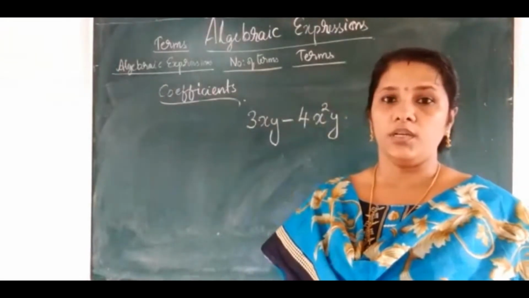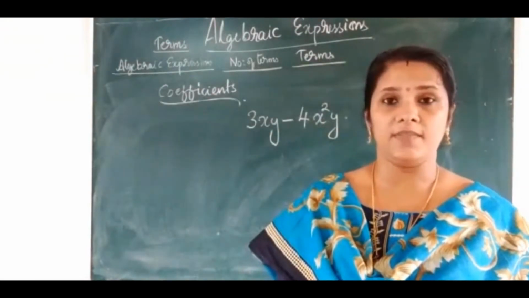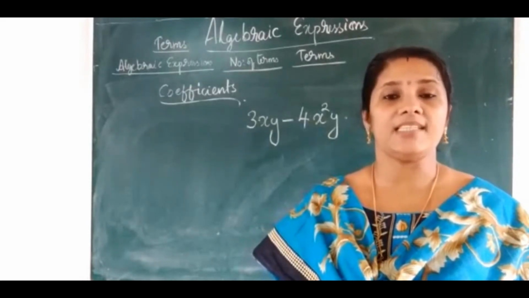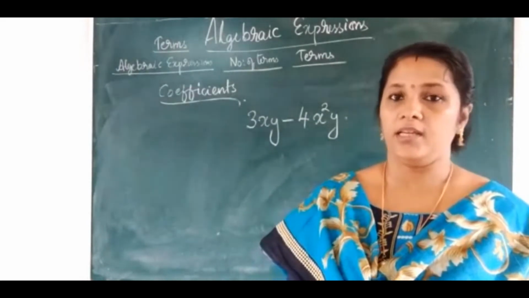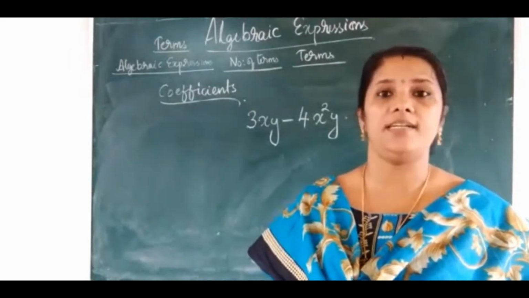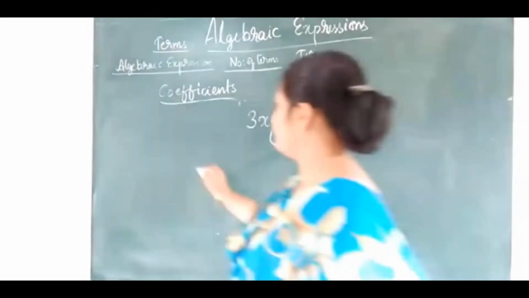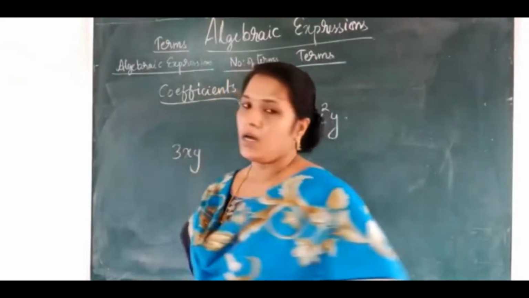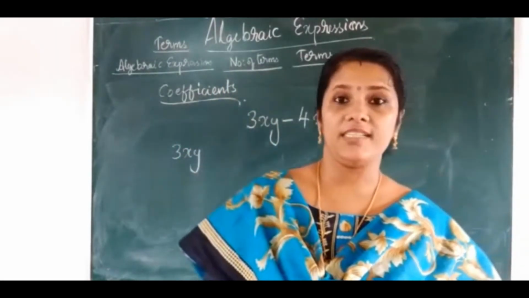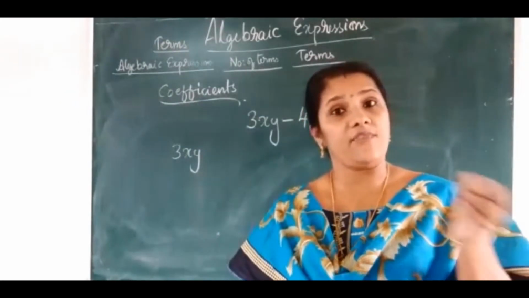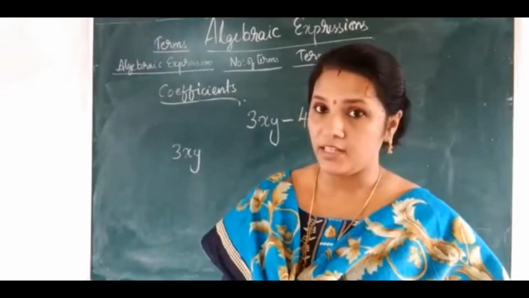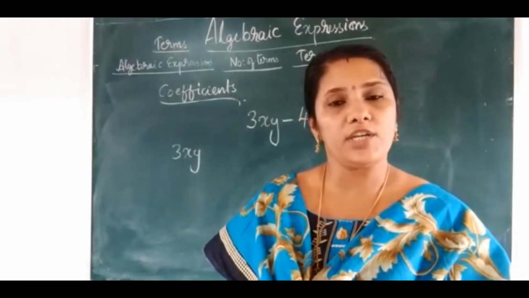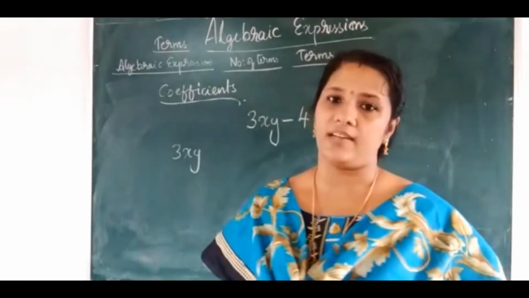Okay, so here two terms are there. One is 3xy and another is minus 4x square y. So let me consider the first term 3xy. And define coefficient in such a way that any factor of the terms of the expression is the coefficient of the remaining factors.